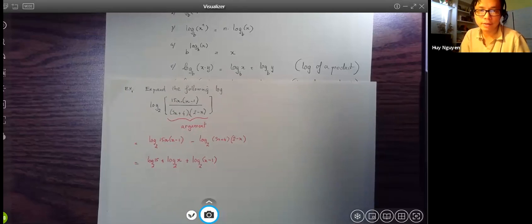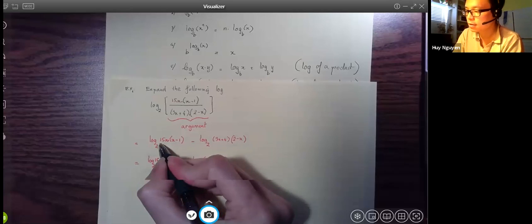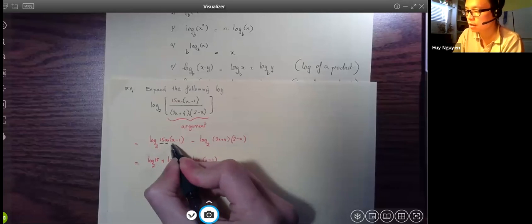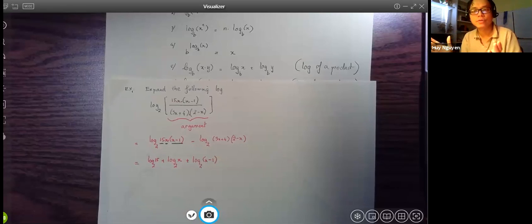You see that? Because we have 3 factors. The first factor is 15. The second factor is x. And the third factor is x minus 1. Then we can split them up into 3 logs using addition sign.